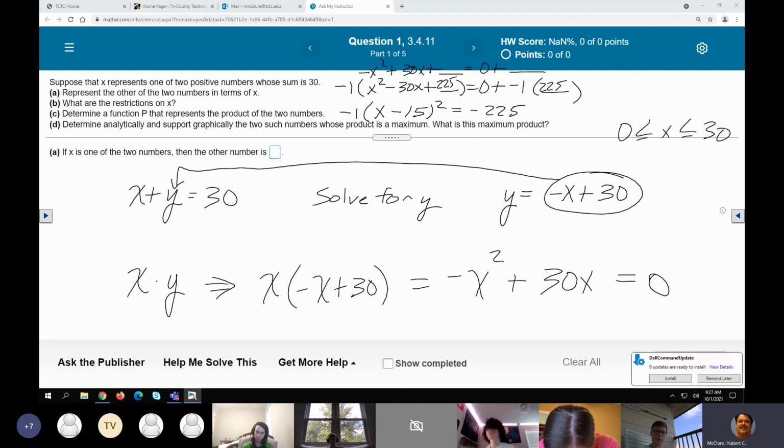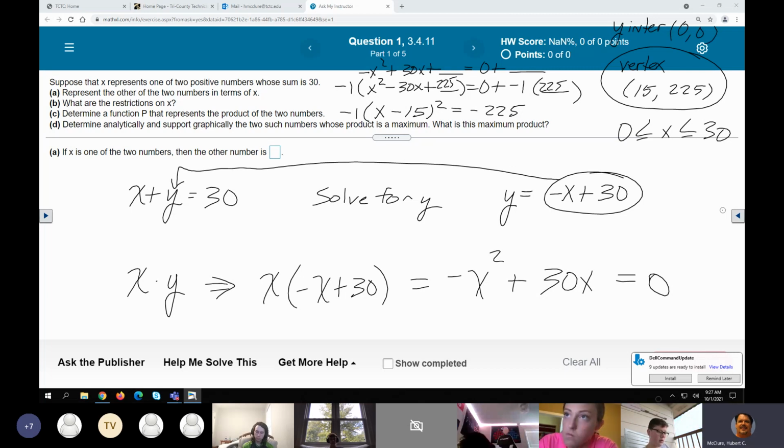So the vertex is 15, comma, 225. The y-intercept is 0. And divide by -1: x minus 15, quantity squared is equal to 225.